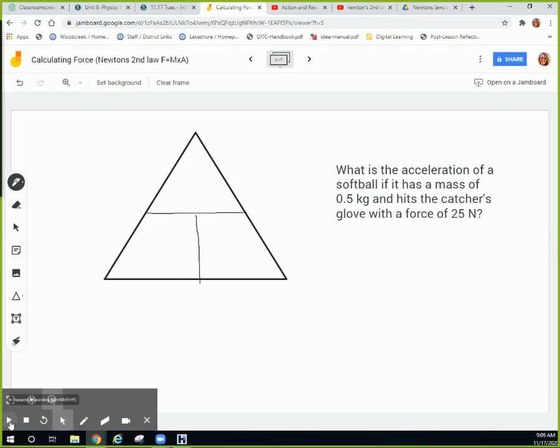Very good. Let's answer one where we have to calculate acceleration. Okay? What is the acceleration of a softball if it has a mass of 0.5 kilograms and it hits the catcher's glove with a force of 25 newtons? So if we plug in our numbers, which was the force, the 0.5 kilograms or the 25 newtons? My force is 25 newtons.